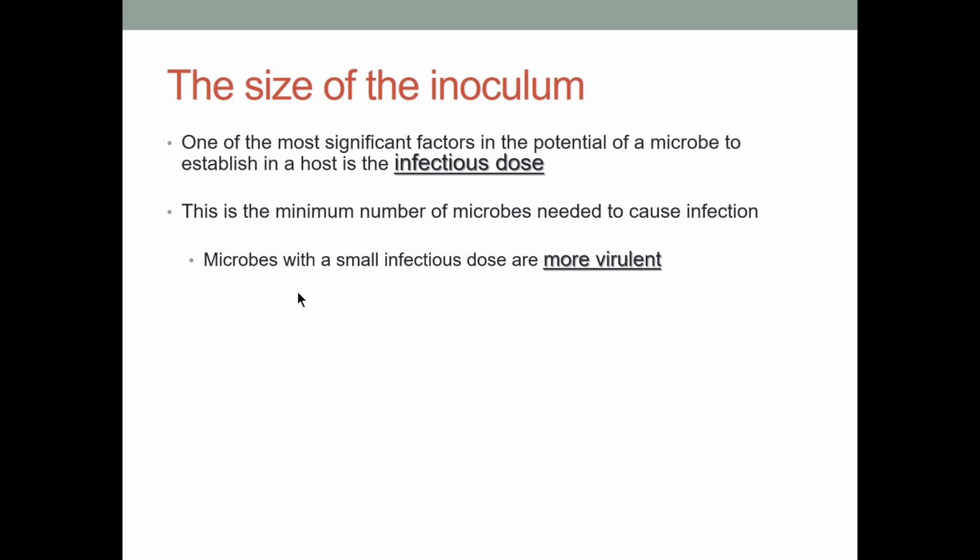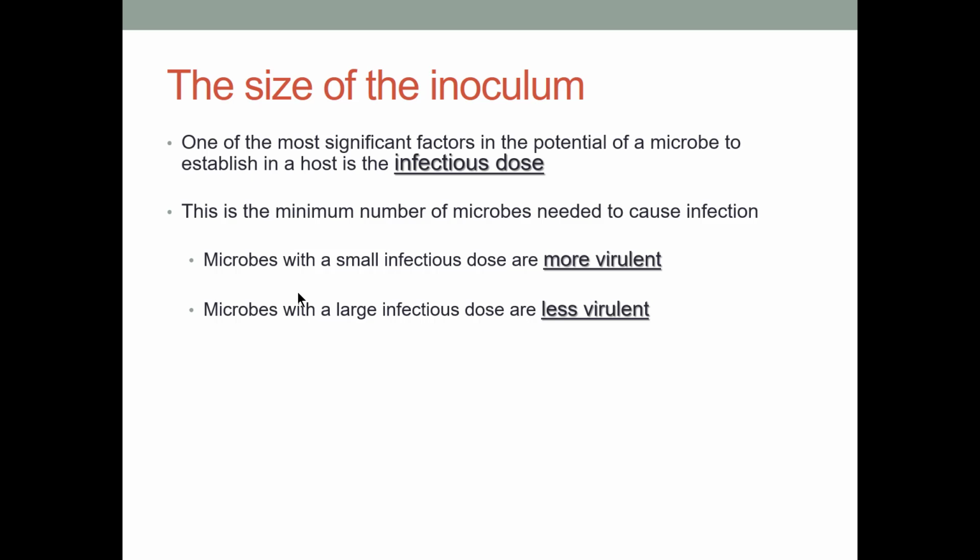If it only takes a few cells to make you sick, that means that those cells are more potent. They can cause greater damage even in small numbers. So in contrast then, microbes with a large infectious dose are less virulent. In this situation, you may have to swallow large amounts of foodborne pathogens, for example, before they make you sick.